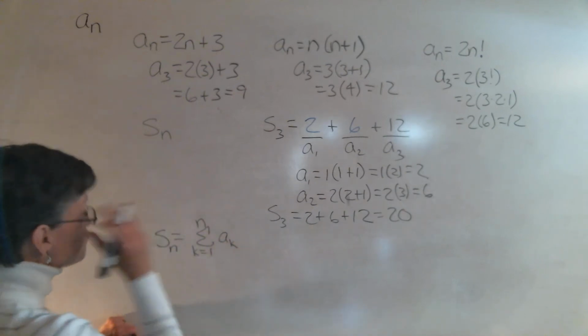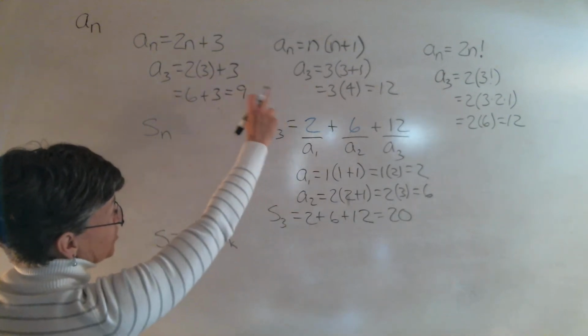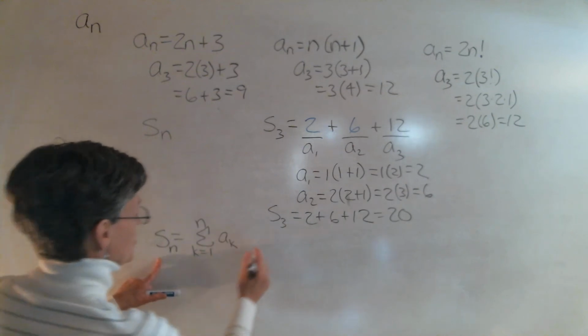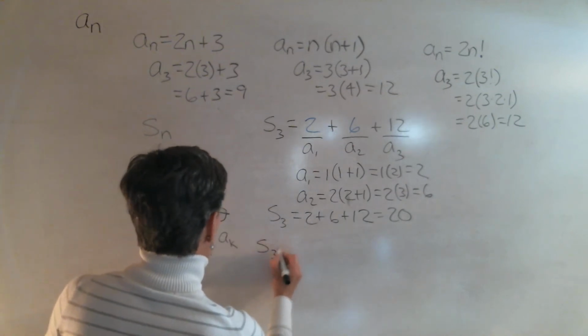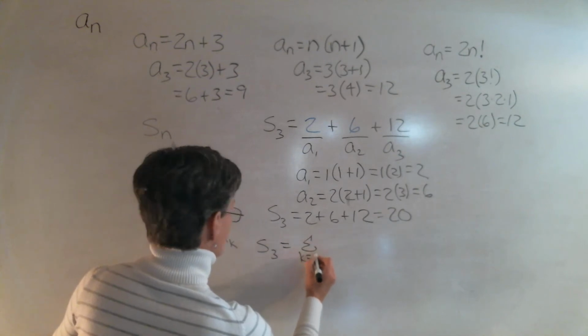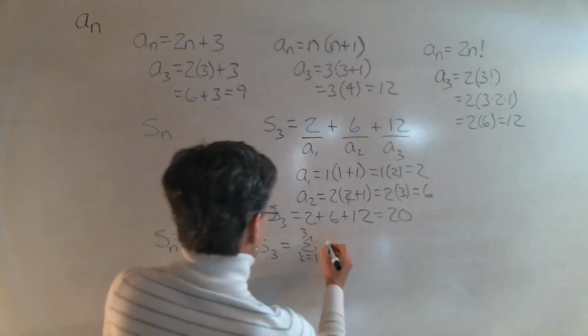Okay, so for example, to write this S sub 3 in this notation, it would look like this. S sub 3 equals the sum from k equals 1 to 3, you see n is 3, of A sub k.